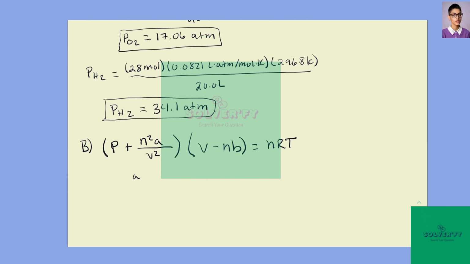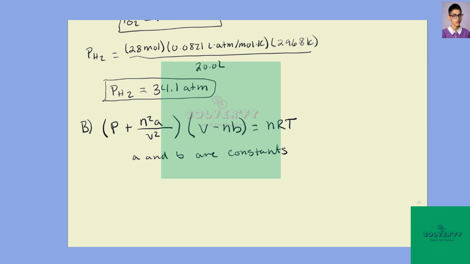So A and B are constants. This means that for every different gas that you deal with, it's going to have a certain A and B value. And so for H2 and O2, the A and B values are going to be different.